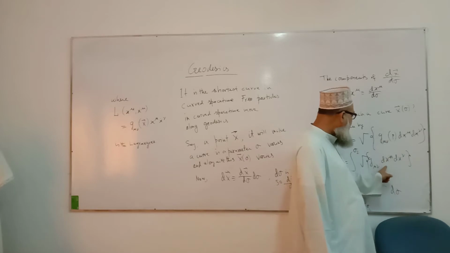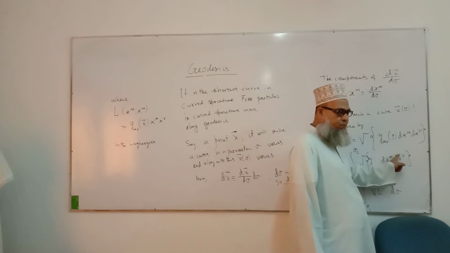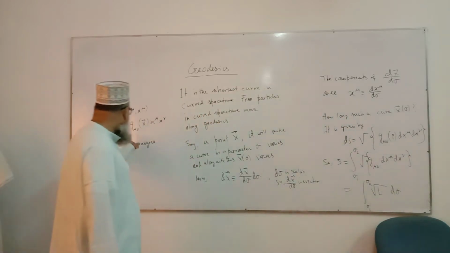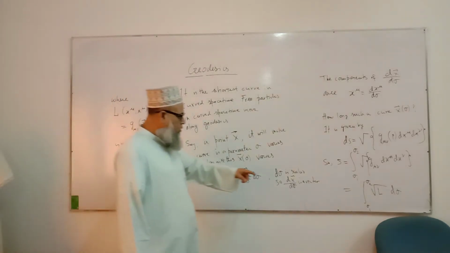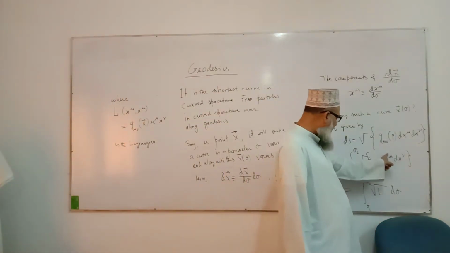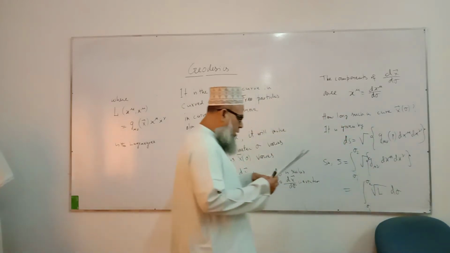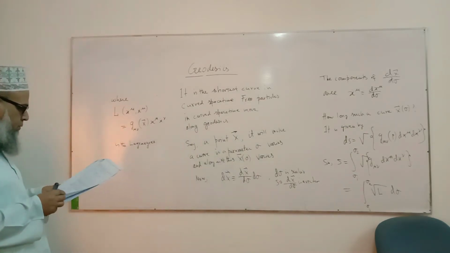Now dx mu by d sigma is x dot mu, dx nu by d sigma is x dot nu, and then d sigma. So L is g mu nu x dot mu x dot nu, and the square root of L d sigma integrated gives the length S.